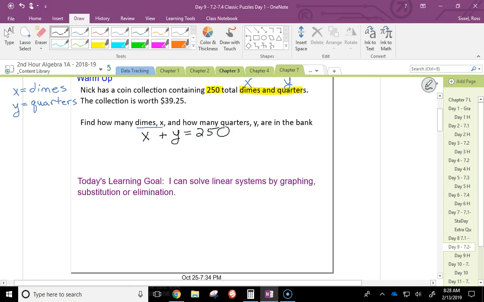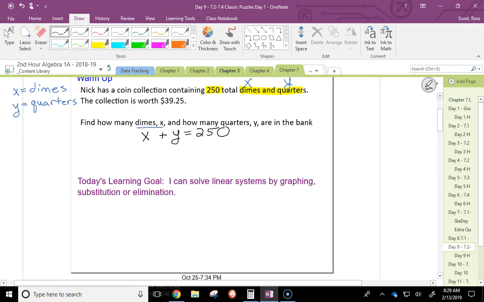Now, can I solve for how many dimes or quarters I have yet? No. I could have 200 quarters and 50 dimes, or 249 dimes and one quarter. All we know is when we count them, we have this.